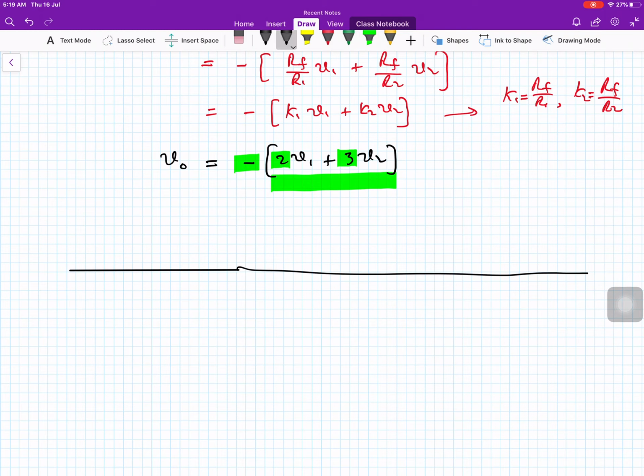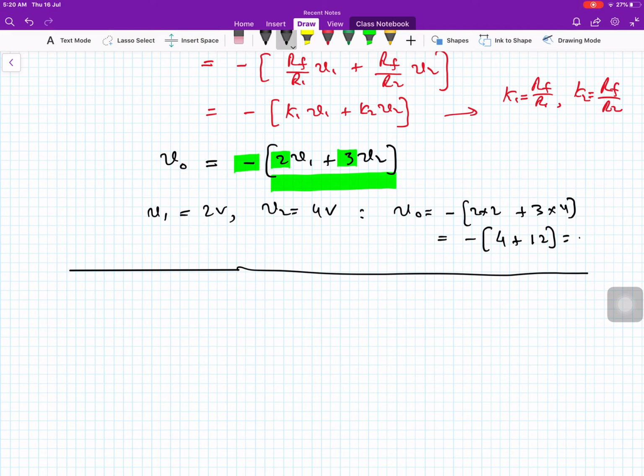Say for example V1 is 2 volt and V2 is 4 volt, then VO is equal to 2 multiplied by 2 plus 3 multiplied by 4. This is 4 plus 12, and this is 16 volt. Is it possible?